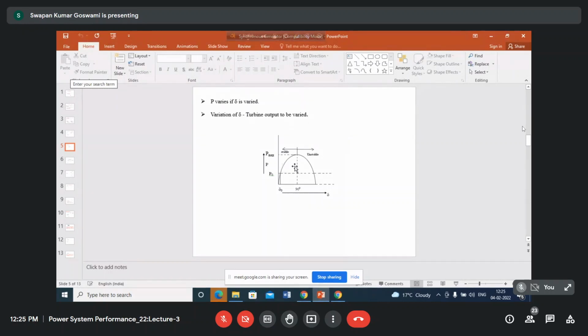That's why this area we identify as the unstable operating zone of the generator, and from here to here it is the stable operation zone.